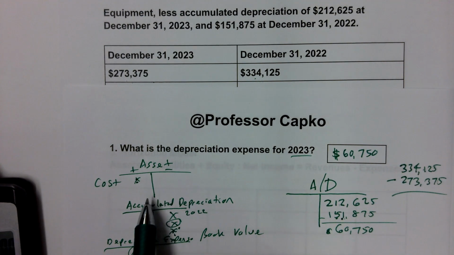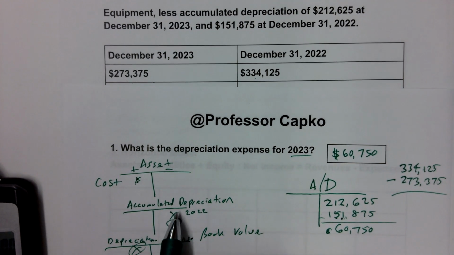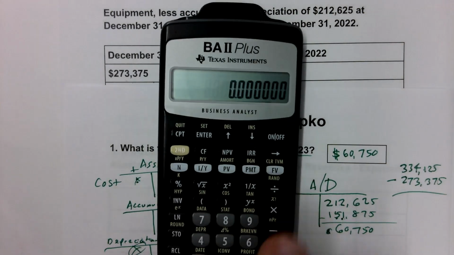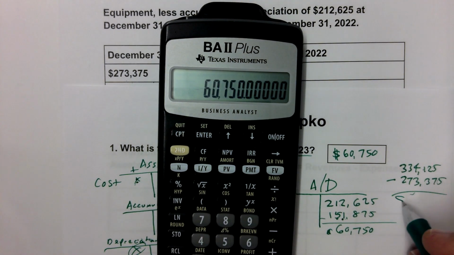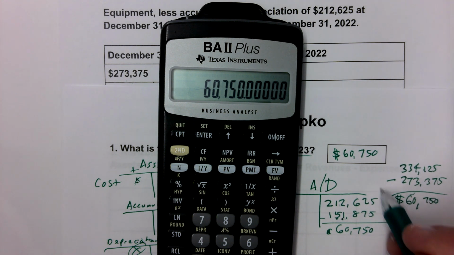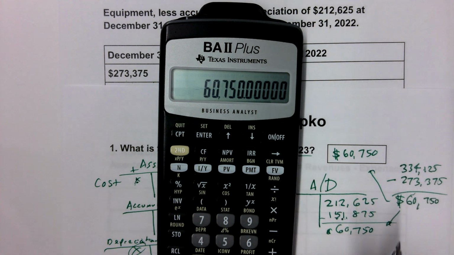Because again, the book value is the difference between the cost and the accumulated depreciation. So I have 334,125, and subtract from that 273,375, and guess what? That gives me that very same amount, 60,750. So these numbers agree with each other.